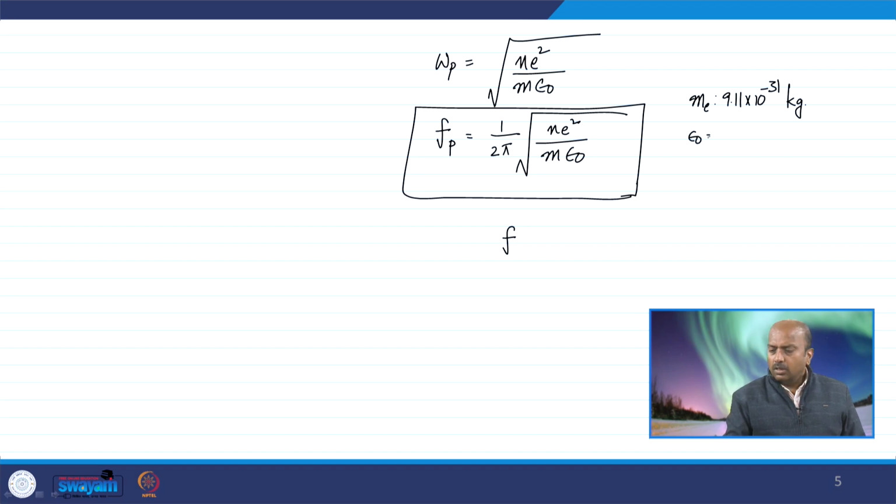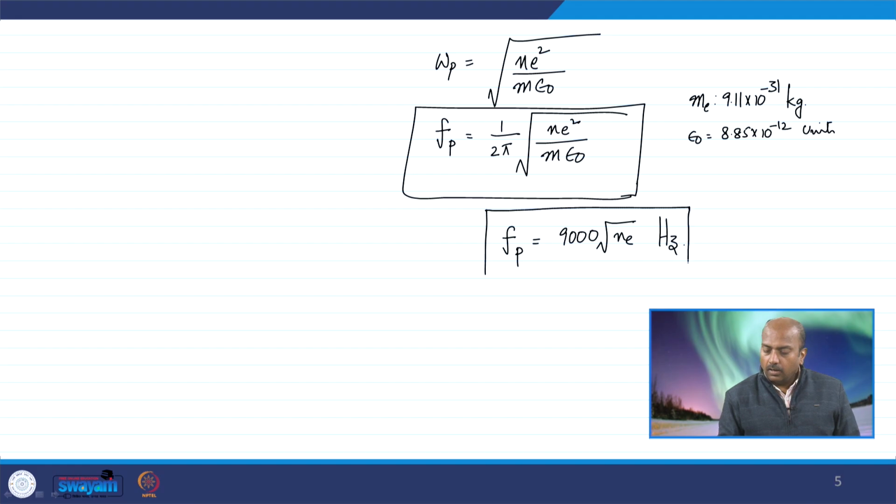Epsilon naught is 8.85 times 10 to the power of minus 12 in SI units. Substituting all that, the plasma frequency can be remembered as 9,000 times the square root of Ne in units of hertz. So this is the simple mathematical derivation for the plasma frequency.